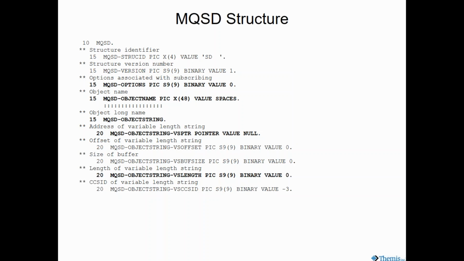This is where I would define the 10,000 long string, if you will. So the group level there, that's what it's called. And then within there, you can see the 20 level, the object string dash VS PTR. So I could point to a piece of storage that contains the place where I built the string. And then the other one, the object string VS length, is the length of it.